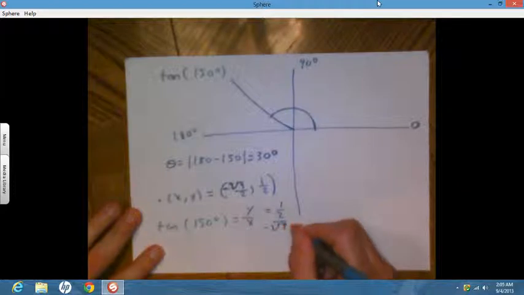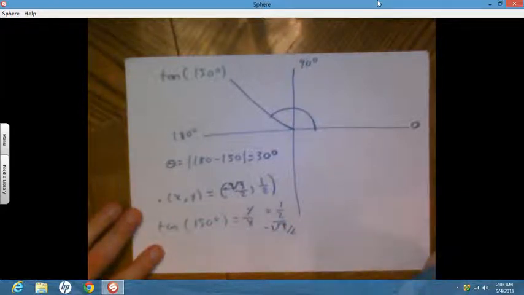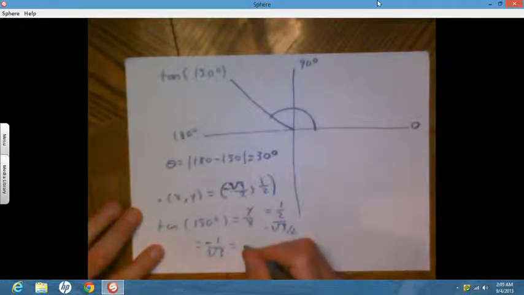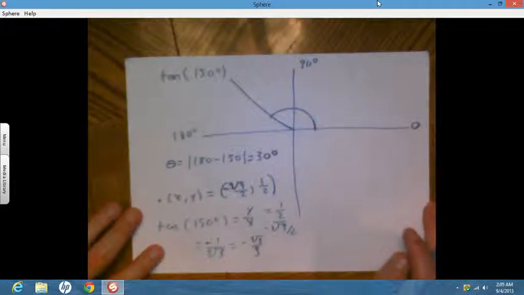If I multiply top and bottom by 2, the 1/2 cancels with the 2. And I'm equal to negative 1 all over the square root of 3, which is equal to negative square root of 3 over 3. Okay?